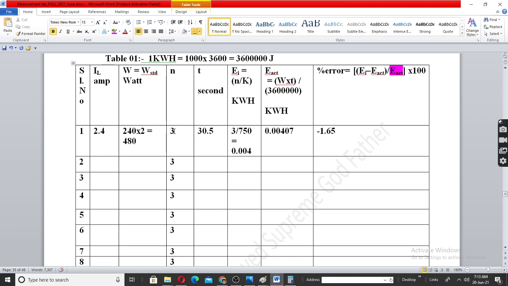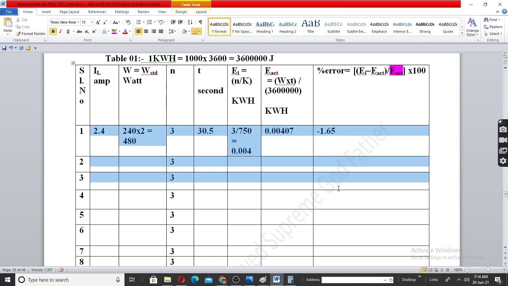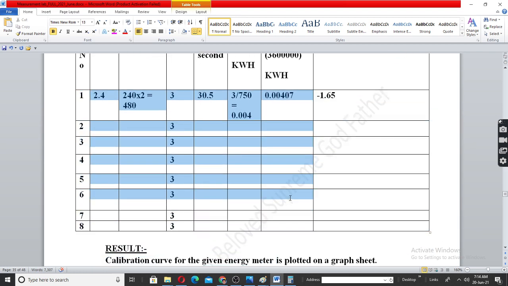You can take any number of revolutions, 3 or 5, as many as you want, because when N changes, T also will change, so everything gets adjusted properly.